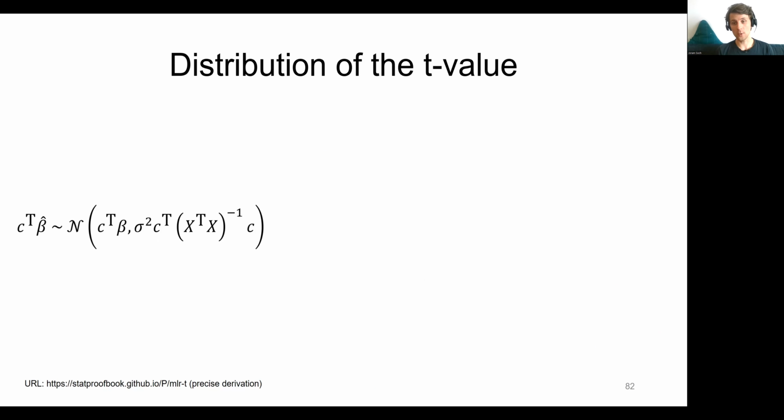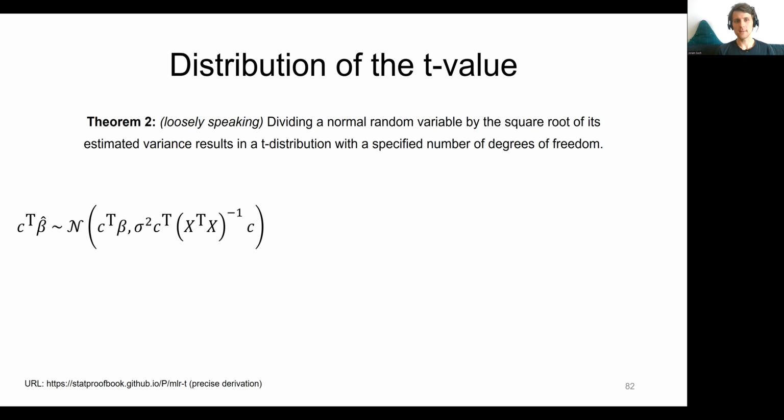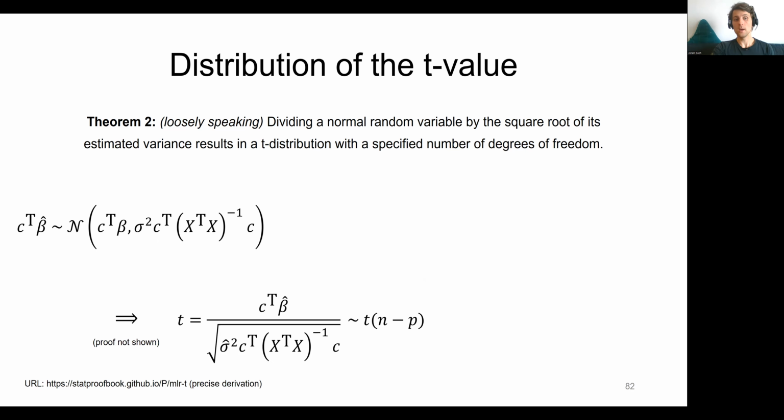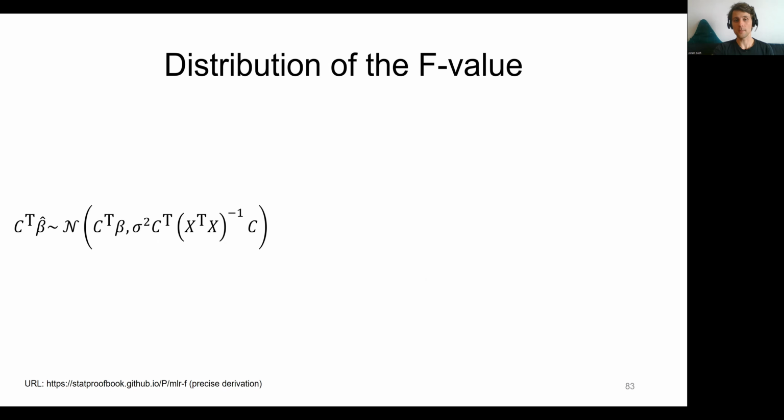For this, I'm introducing now a second theorem, but only very hand-wavingly, because very loosely speaking, it states that dividing a normal random variable by the square root of its estimated variance results in a T distribution with specified number of degrees of freedom. Without showing the proof for this here, you can read it up if you want. This T statistic under the null hypothesis follows a T distribution with n minus p degrees of freedom.